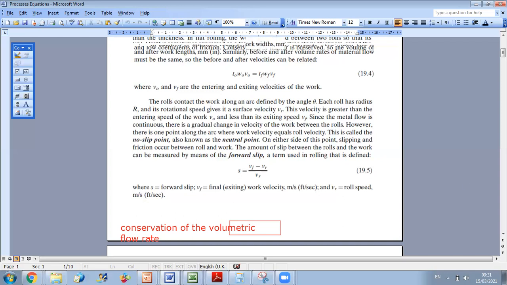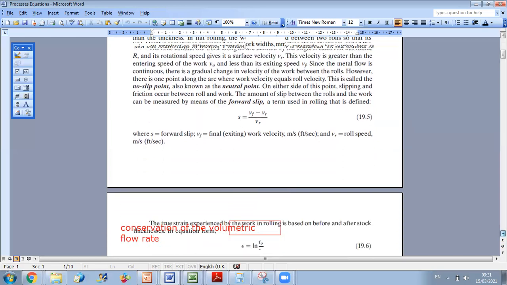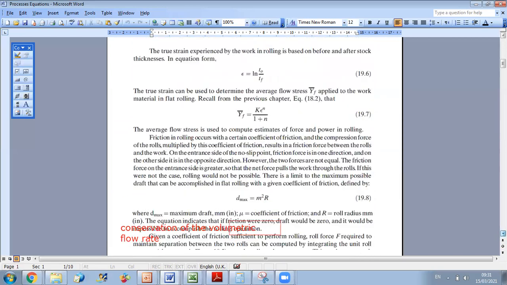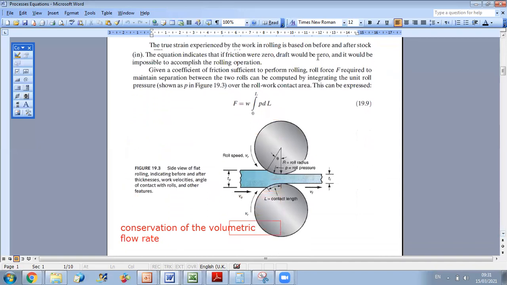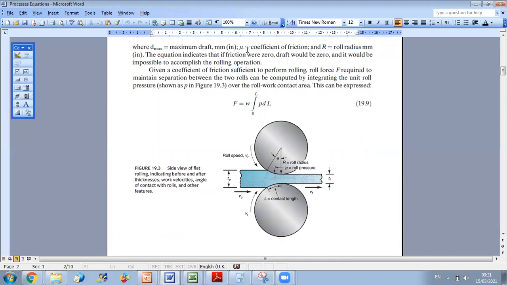So if we look at the figure here, you can see the linear velocity is calculated as the angular velocity times the radius. So you have a certain value for your linear velocity. Now what will happen is that when entering through the rollers, the velocity is smaller than Vr.